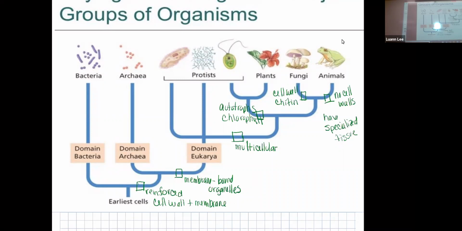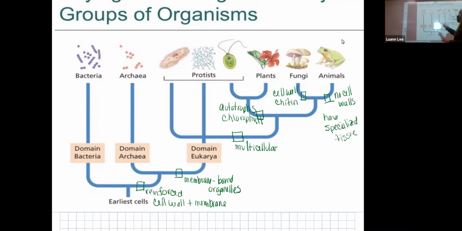So I'm going to categorize their characteristics a little bit more for you. And to do that, you're going to want another sheet of paper. You're going to want to turn it sideways. And on that paper, we're going to make columns.